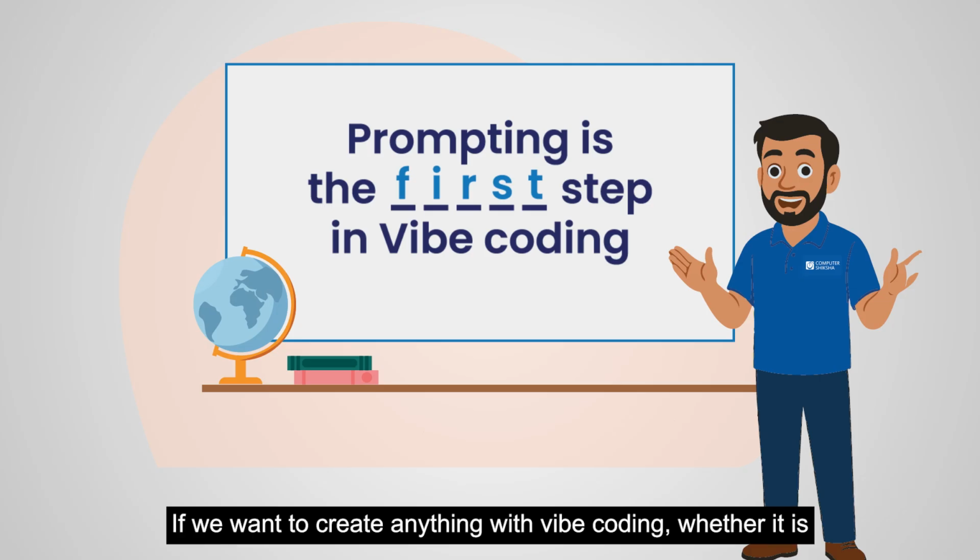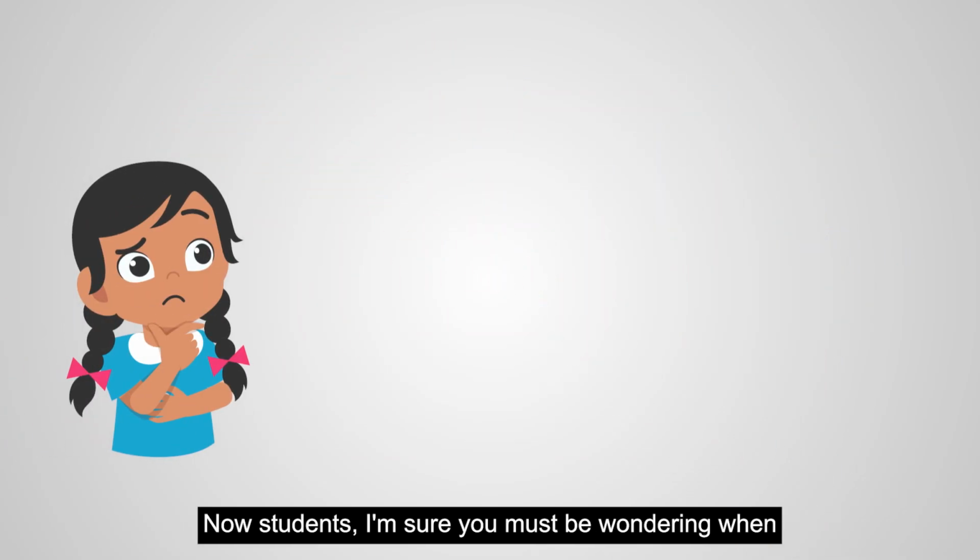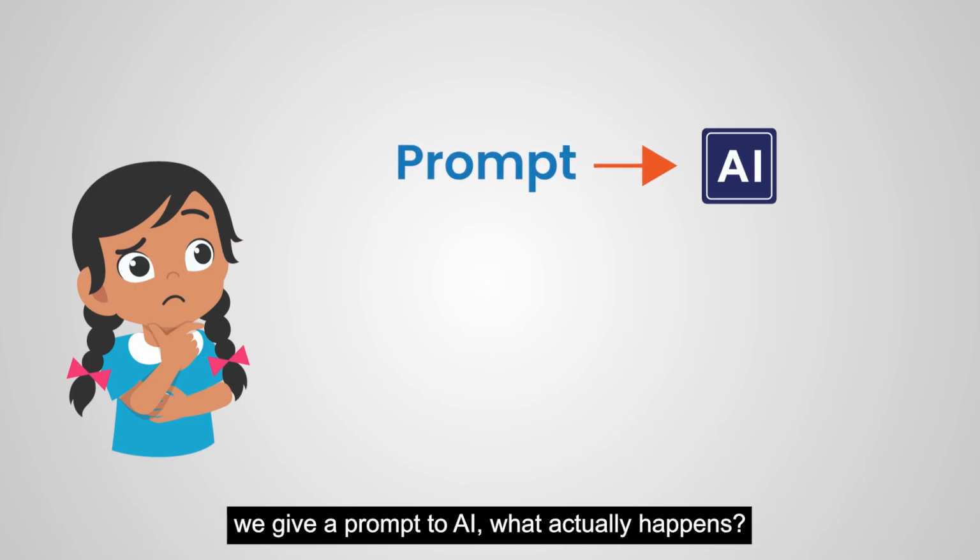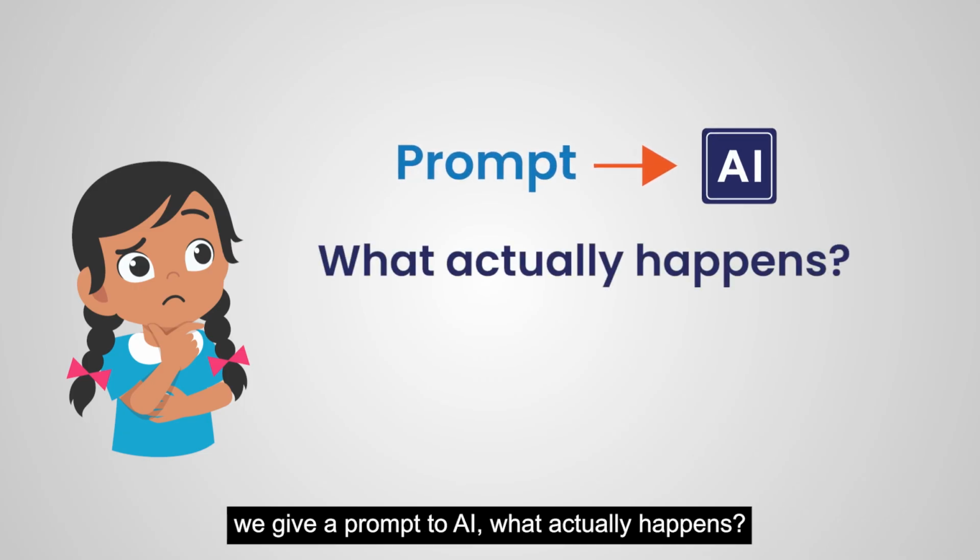If we want to create anything with vibe coding, whether it is a website, application, or a game, it all starts with a prompt. Now students, I am sure you must be wondering, when we give a prompt to AI, what actually happens?